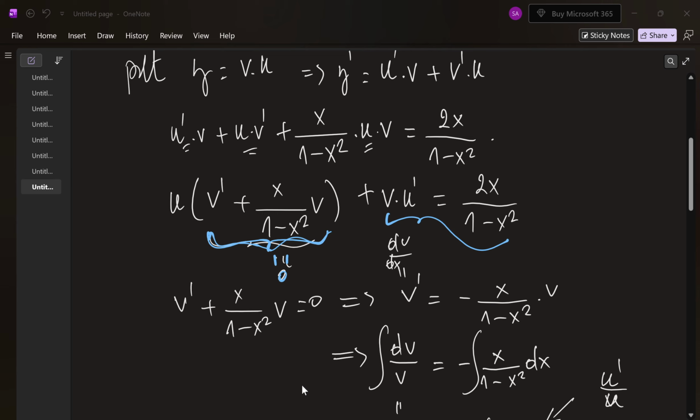Thank you. So now we apply the next method, the method of integrating factor. Remember the solution by the integrating factor.